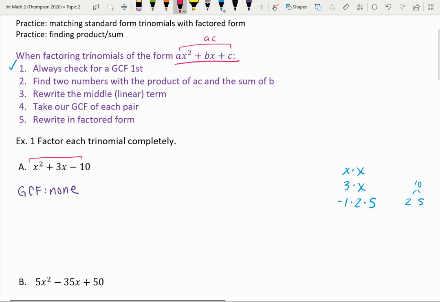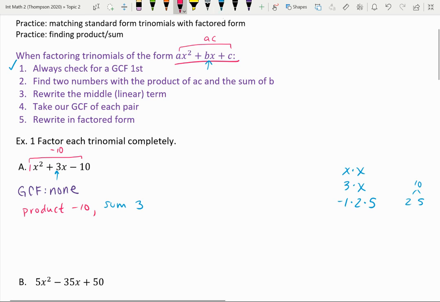There's no number in front of x squared, which means it's automatically a 1. 1 times negative 10 gives me negative 10. And then the 3 is going to be my sum. So I am looking for numbers that have a product of negative 10 and a sum of 3.